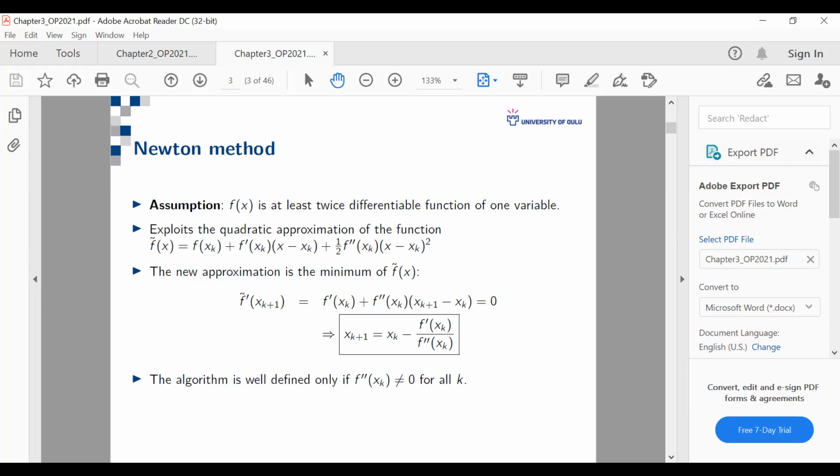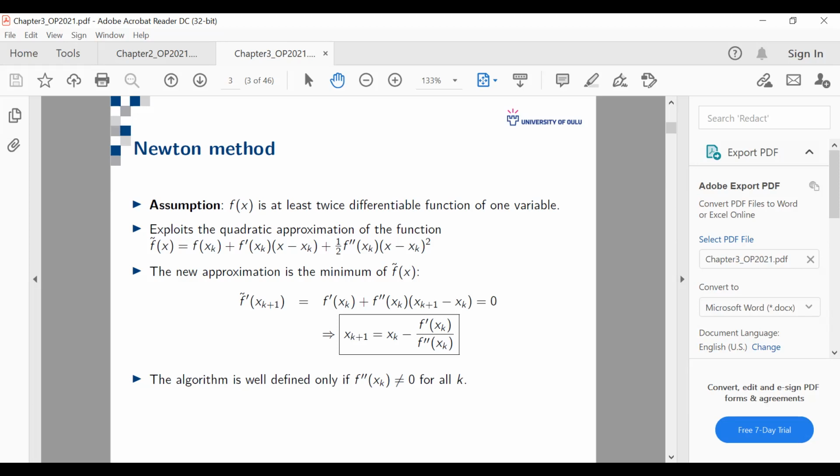And this algorithm works very well. Of course, the problem with this one is computing the derivative, if this function f is defined on the line.